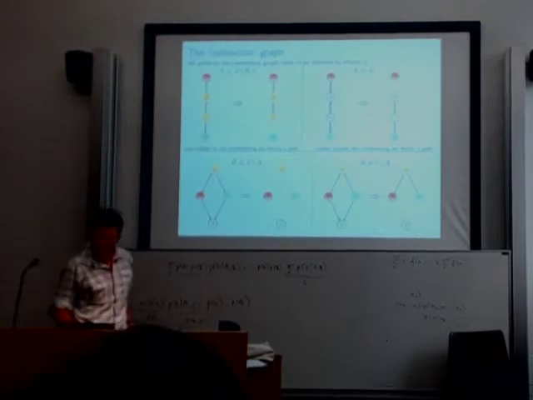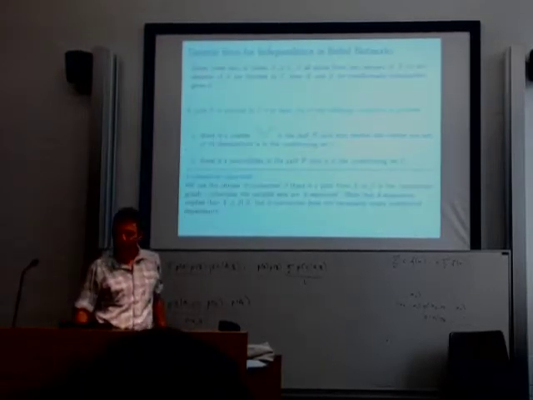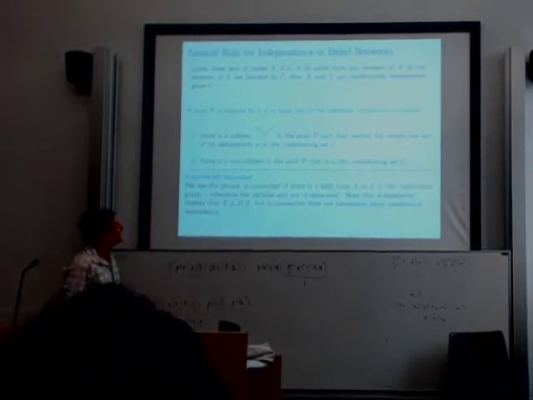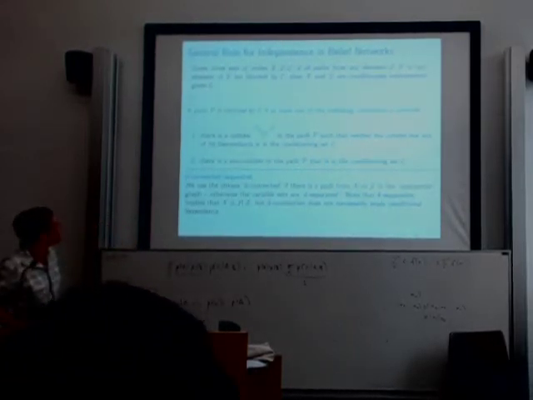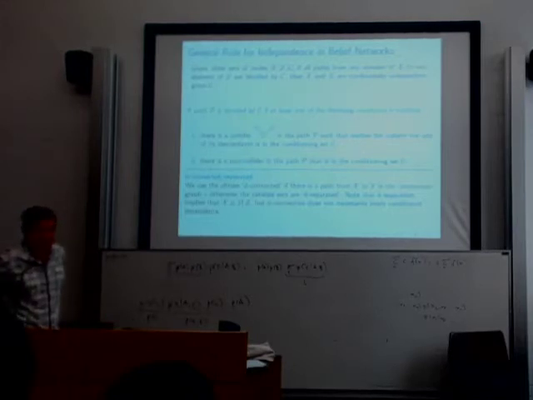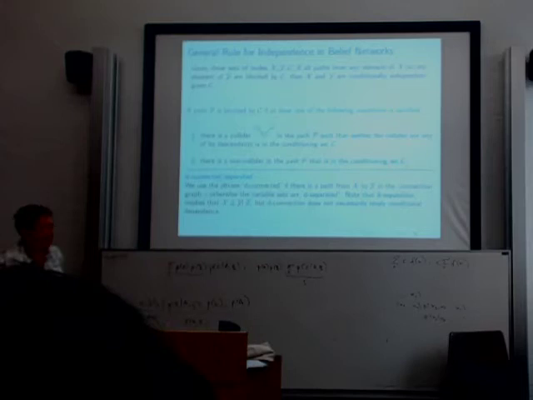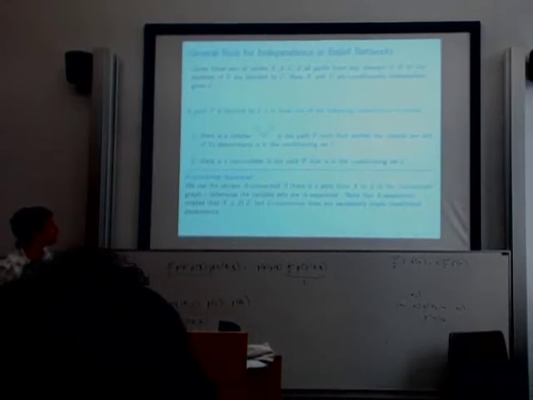Okay, so we'll attempt to formalize this a little bit more now. This is slightly annoying, but here we are. These are some general rules. We'll talk about another general rule later, which is perhaps a little bit easier to follow, but this is one of the standard definitions. This comes from Pearl.